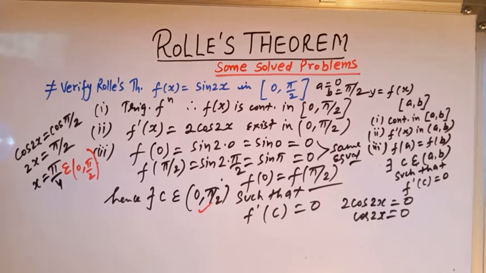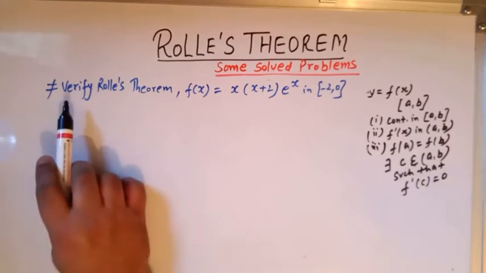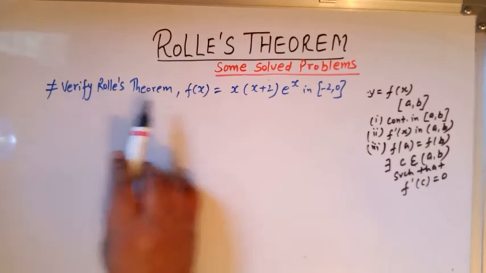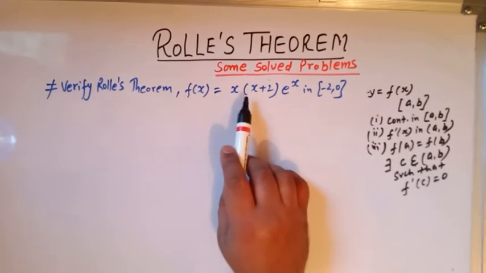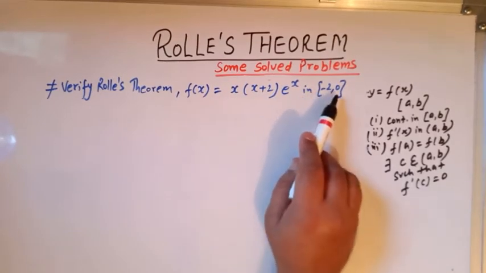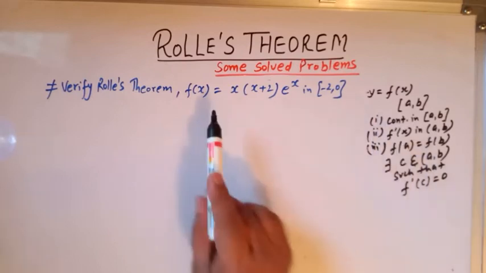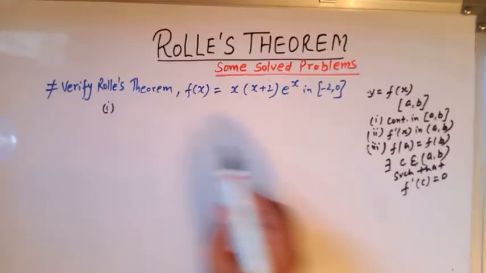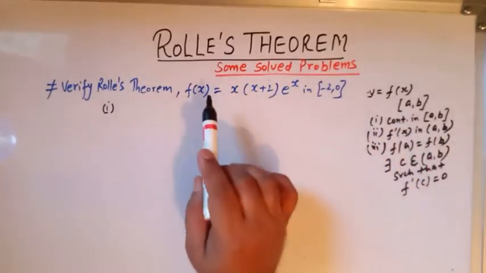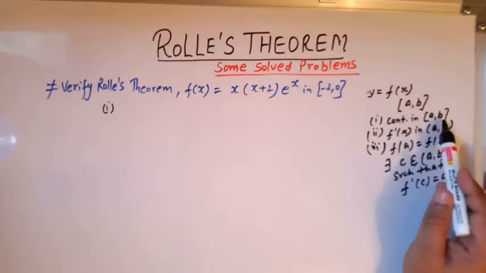So let us take another problem. Here we have to verify Rolle's theorem for f(x) equal to x times (x + 2) e^x in [-2, 0]. Here we see that the first condition is we have to prove that this function f(x) is continuous in [a, b].